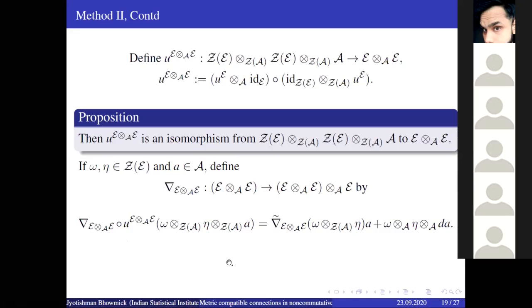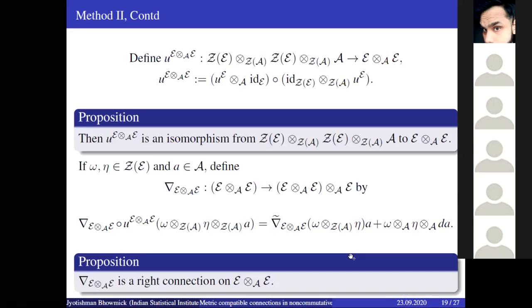And then, it's easy to write this down, and once you know what you need, this definition is obvious. And then you just check that this is the right connection. So what we did, again, we are in step 1.